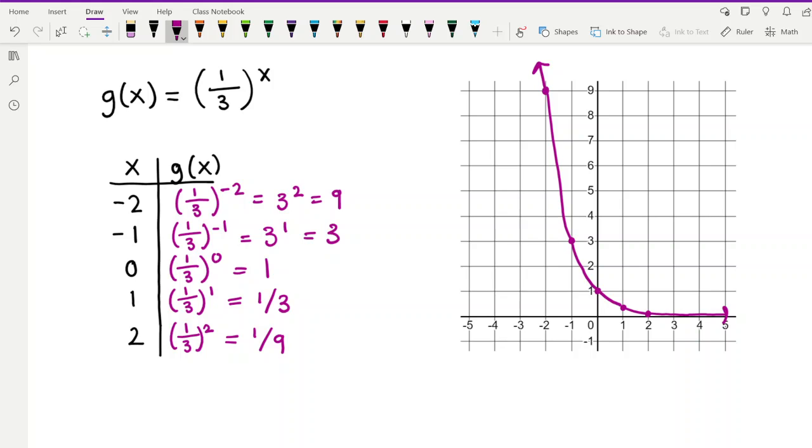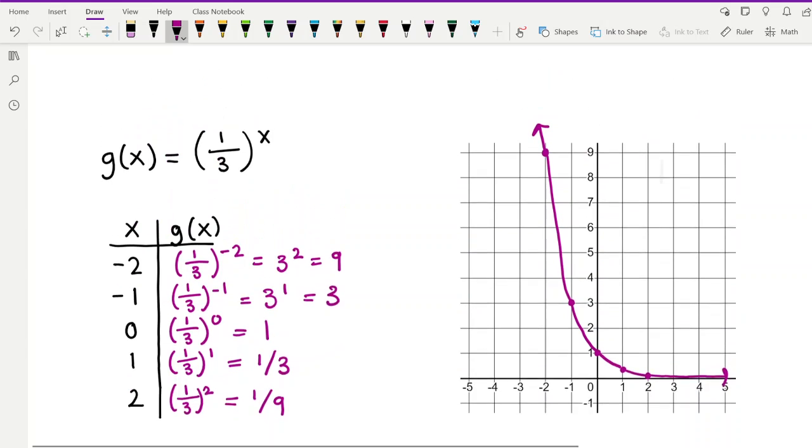You can never get a negative number by multiplying 1/3 with itself, right? That just doesn't make sense. And so again, we're going to have a horizontal asymptote at y is equal to 0.